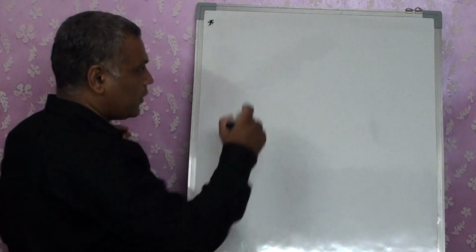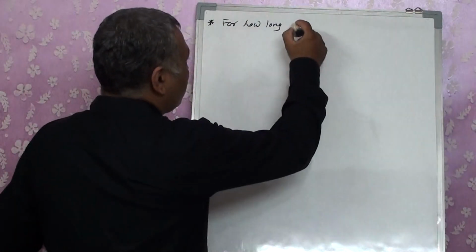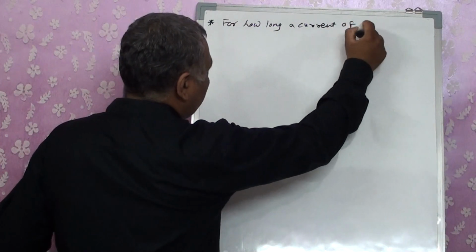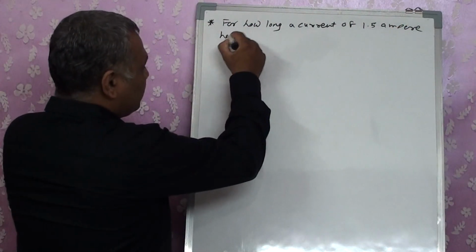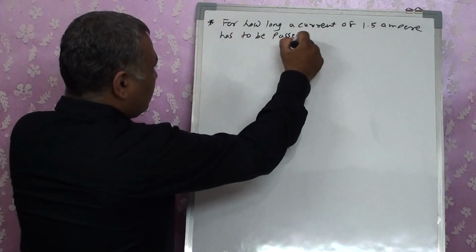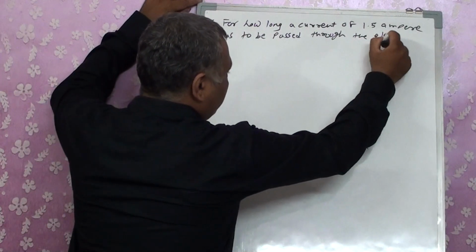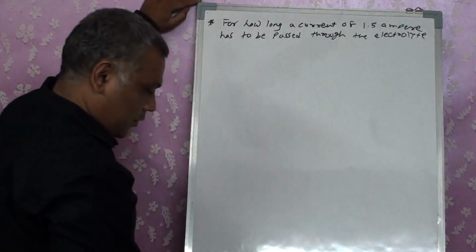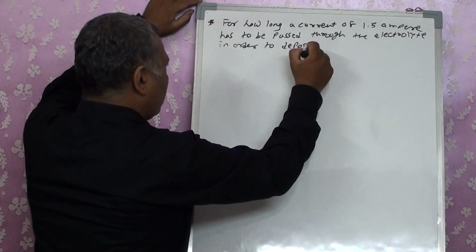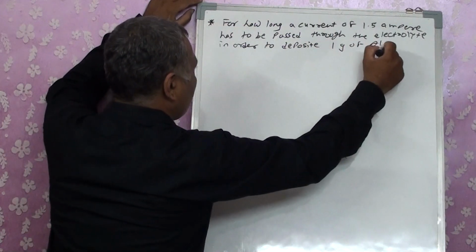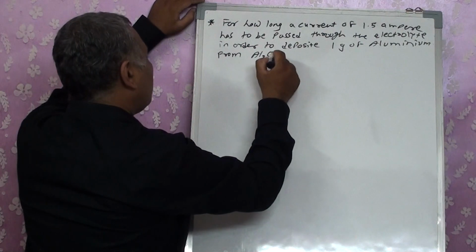The first numerical that we will write is: for how long a current of 1.5 ampere has to be passed through the electrolyte in order to deposit 1 gram of aluminum from Al2O3?